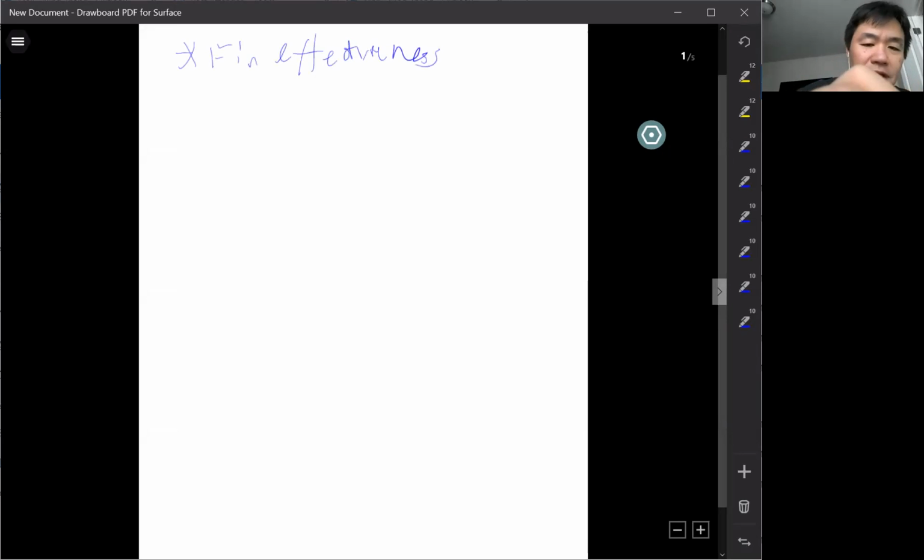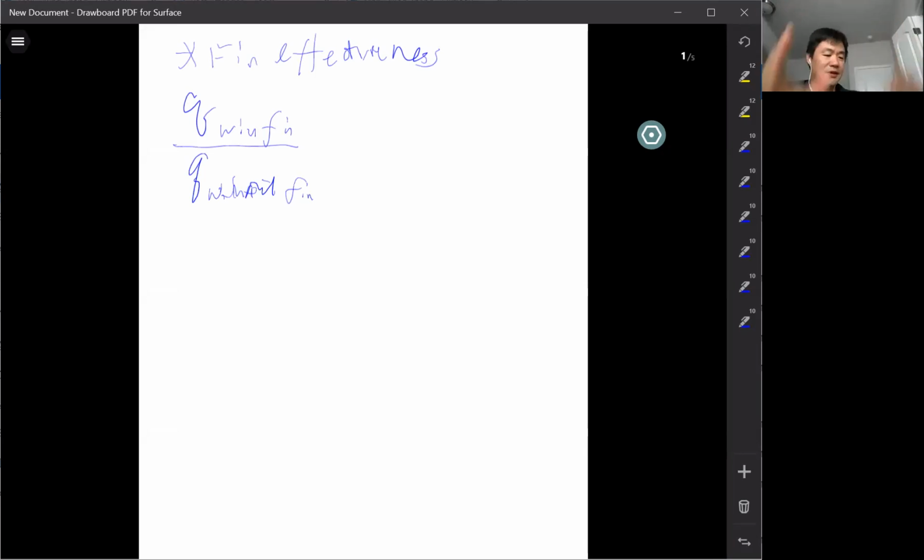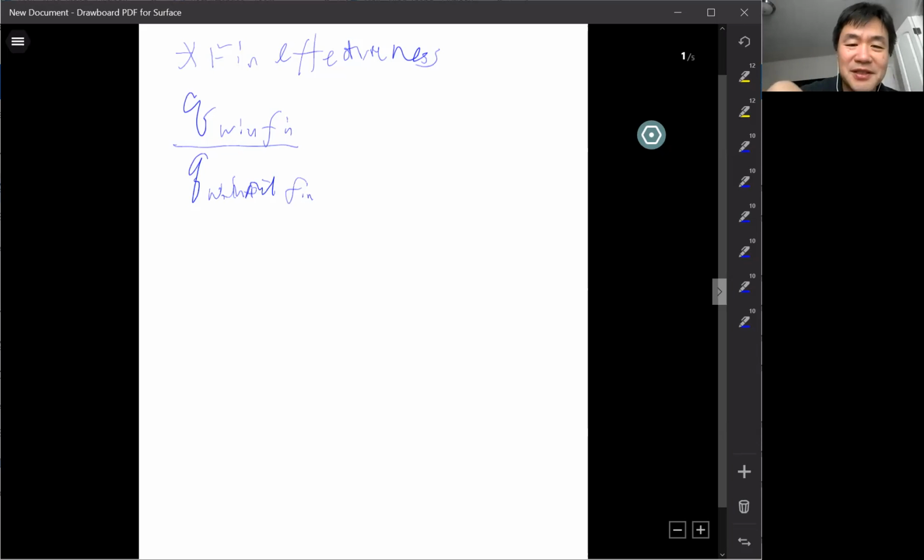It's Q with fin divided by Q without fin. So you compare two different situations. You can have two pipes or two devices, one with the fin and one without the fin, and see how much heat transfer.